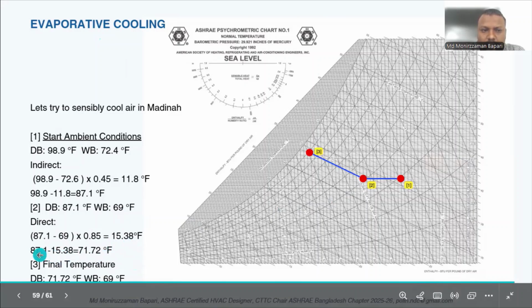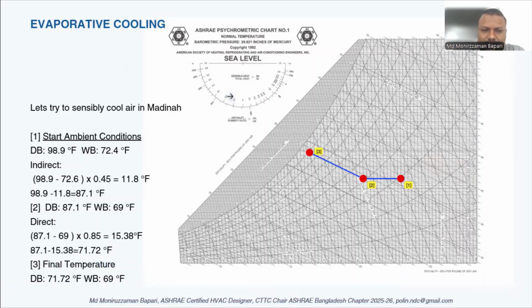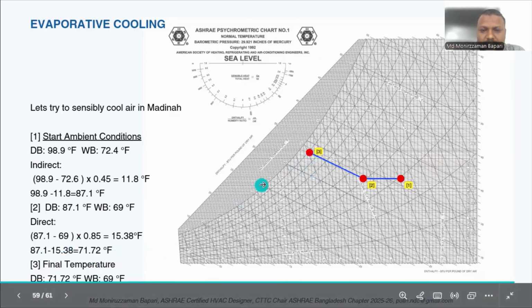So the dry bulb is further going to be lowered to 87.1 minus 15.38, which is 71.72 degrees Fahrenheit. And finally, you reach this point. At the changed scenario here, what we have is the dry bulb 71.72 degrees Fahrenheit and the changed wet bulb is 69 degrees Fahrenheit. See, humidity also increased.